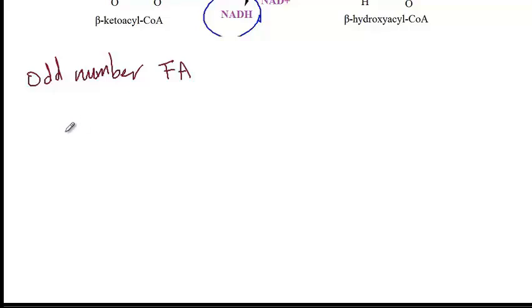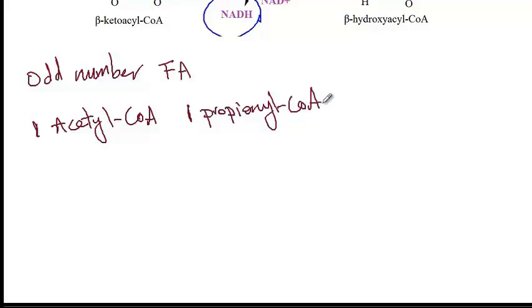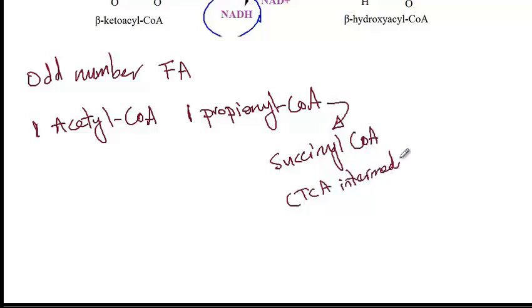So basically the same reactions go through, except that the last cycle produces 1 molecule of acetyl coenzyme A and 1 molecule of propionyl coenzyme A, which is converted into succinyl coenzyme A, which is a TCA intermediate molecule, or alternatively it can be used for gluconeogenesis production.